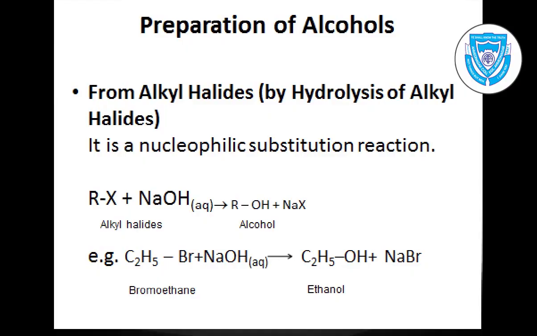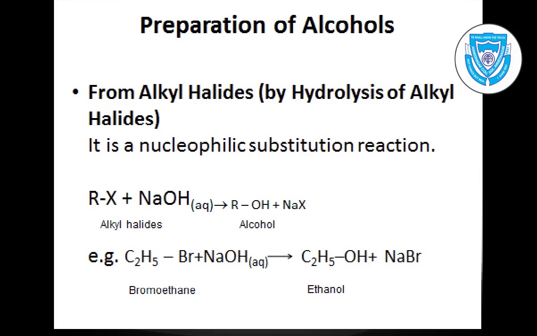Okay, the first method of preparation is preparation of alcohol from alkyl halides, that is RX. This is a hydrolysis reaction. When alkyl halide is treated with NaOH, ROH, that is alcohol, is formed with the liberation of NaX.